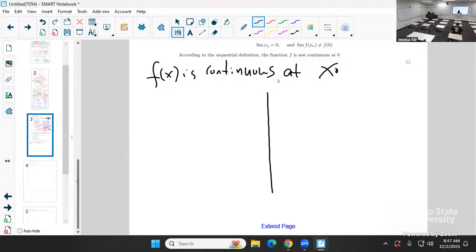So we have two definitions, the sequential definition and the epsilon-delta definition. Let's recall the sequential definition again.